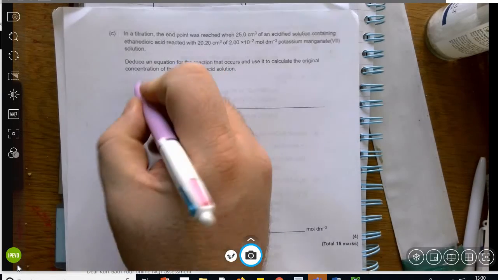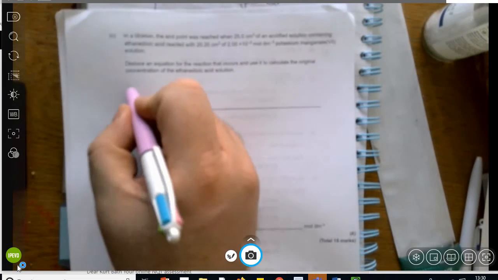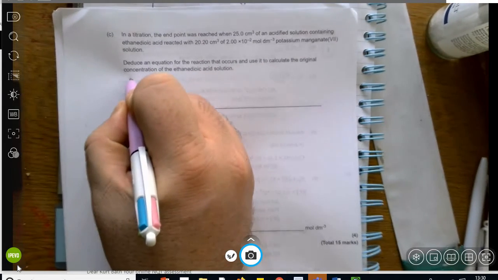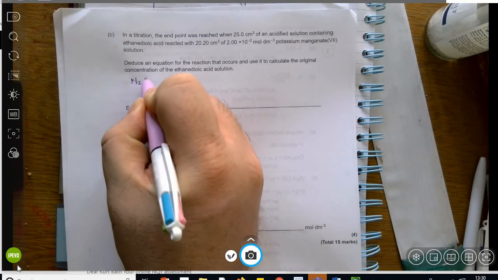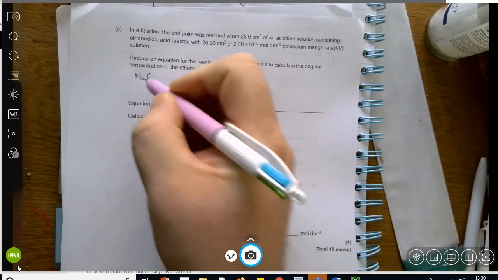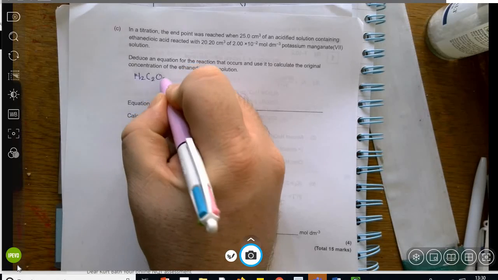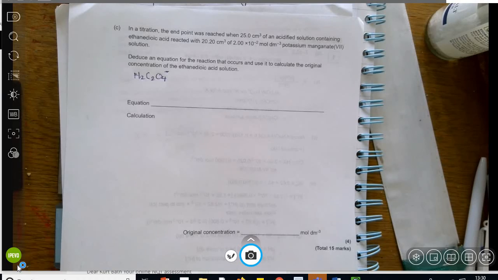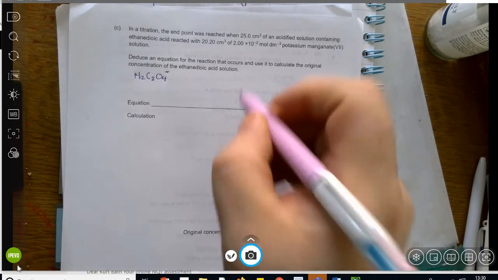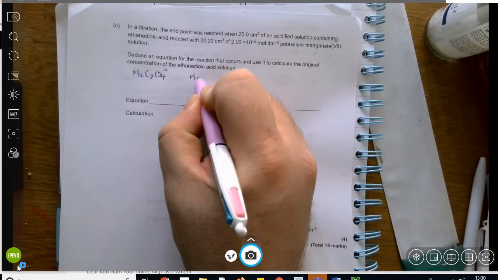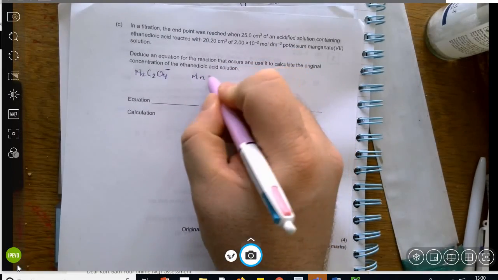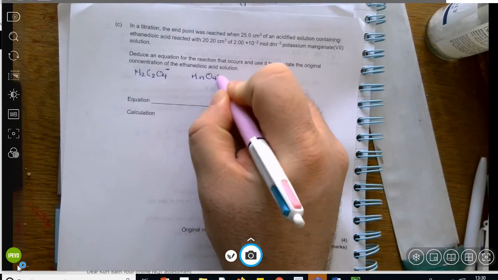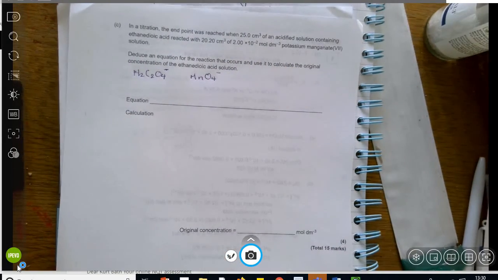So essentially what we're going to end up with is H2C2O4. The reason why it's H2 is it's dissociated, so it's lost 2 hydrogens. So I've lost my 2 hydrogens. I'm then reacting that with the manganate ions. Okay, so manganate ions.